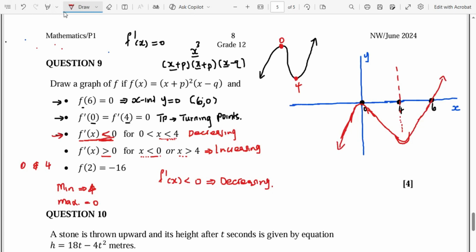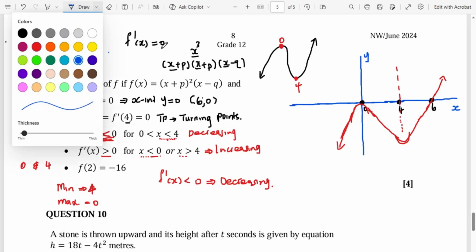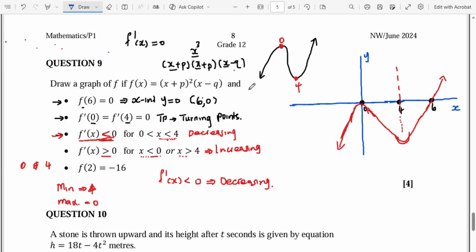So let me explain what's going on here. They say that f of x is decreasing for x less than 4. So you can see that from this point here, the graph is decreasing.